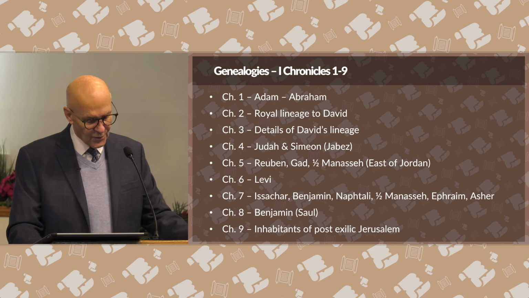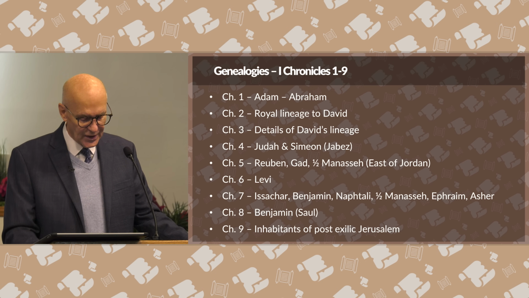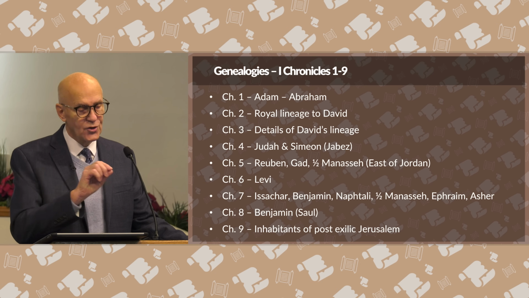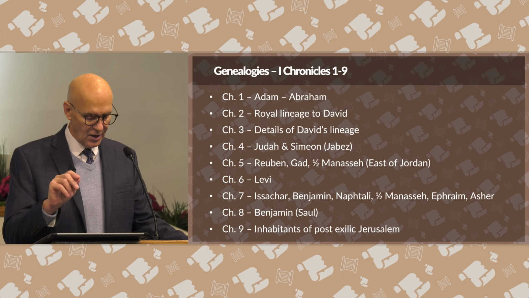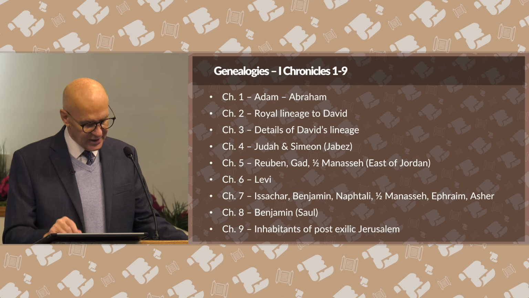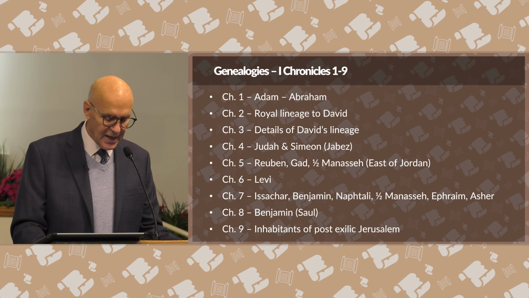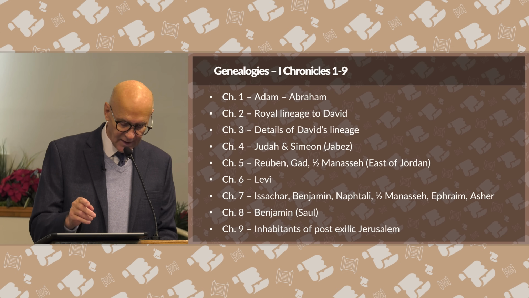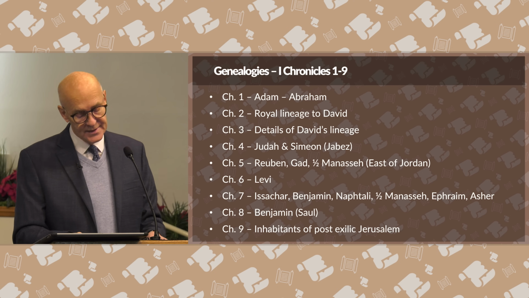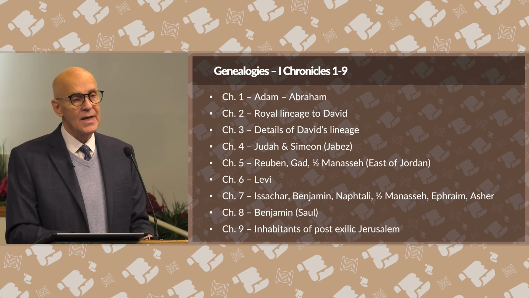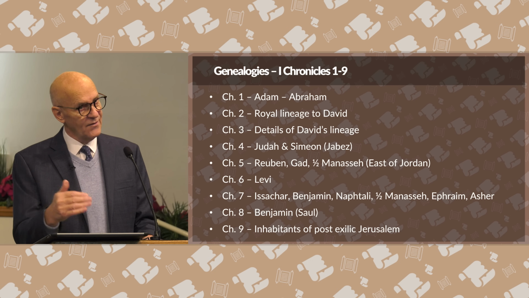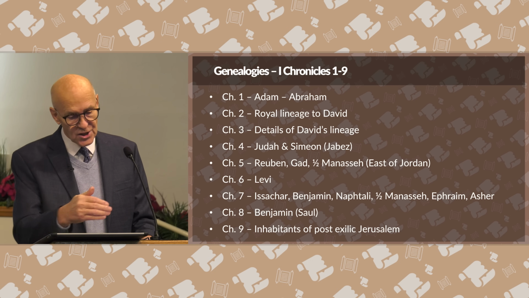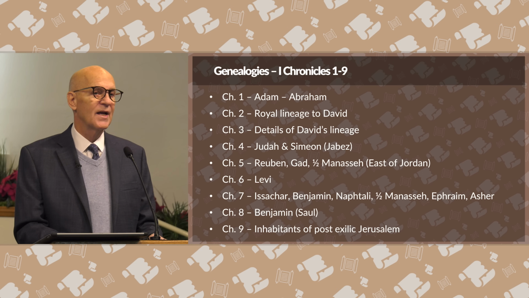Chapter 8 revisits the tribe of Benjamin with an extended genealogy underscoring King Saul's origins. And finally, 1 Chronicles chapter 9 lists the inhabitants of Jerusalem post-exile, highlighting the Levites and the priests' role in temple service.